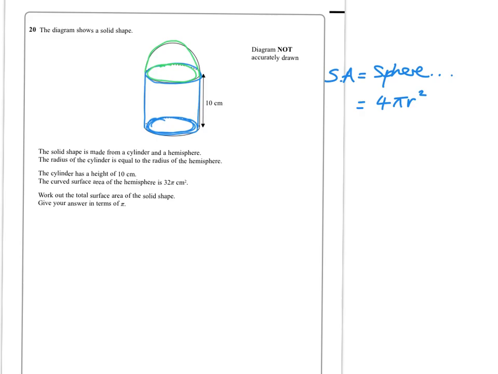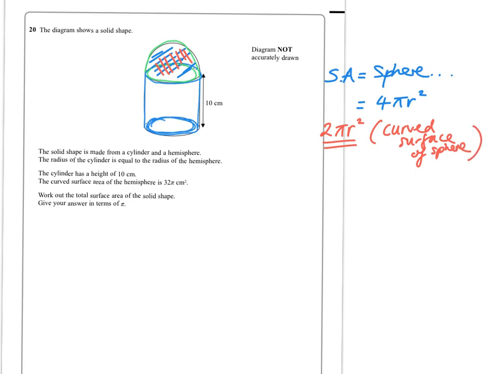So the curved surface of the very top is going to be half of that. So we've definitely got this part, this curved surface part here, which I can do in 2 different colours. That curved surface part here is going to be 2 pi r squared for sure. So we can just write that down as curved surface of sphere. And when I say sphere, we know that's a hemisphere.